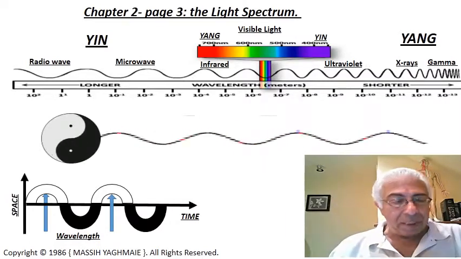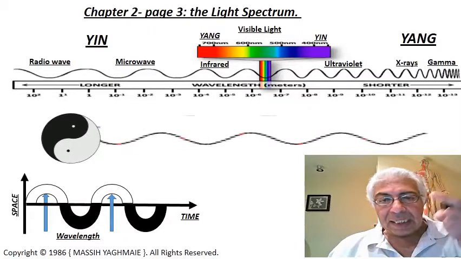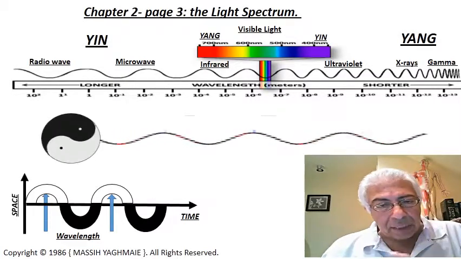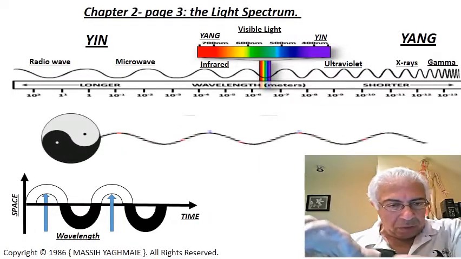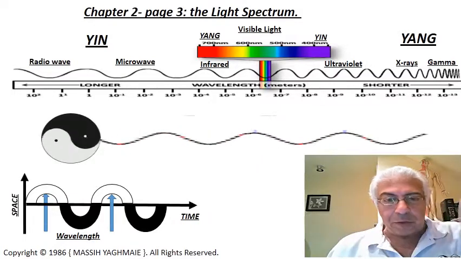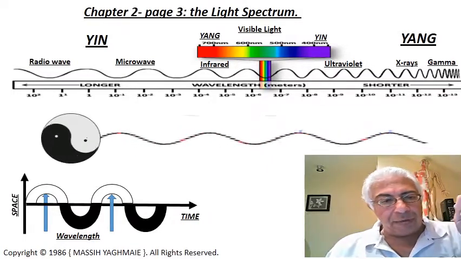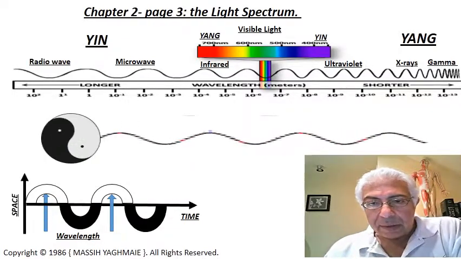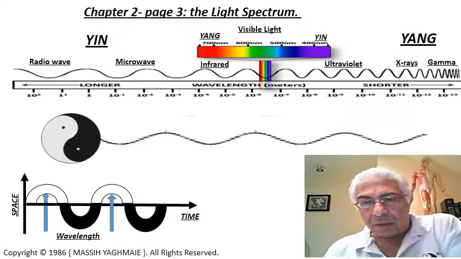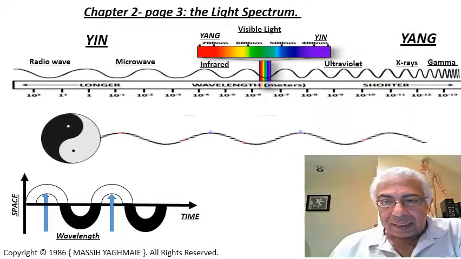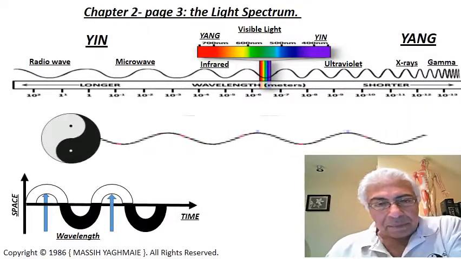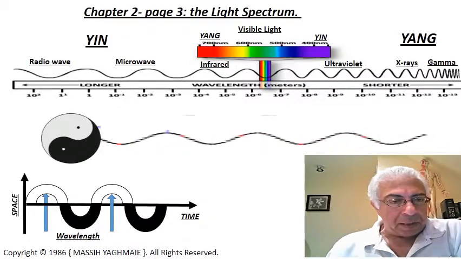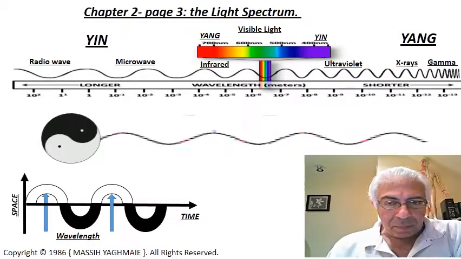And one of the things that can be explained in terms of yin and yang is the light spectrum. Because if you look at the kind of the universe that we live in, the physical universe, you have radio waves, microwaves, infrared waves, ultraviolet waves, X-rays, gamma rays, and in between is this light spectrum, the visible light.